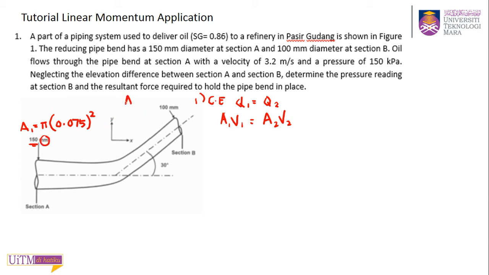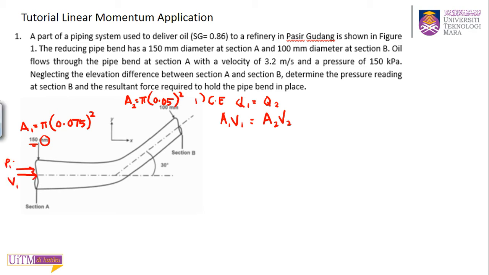And A2 equals pi times 0.05 squared, so 100 mm divided by 2, 50 mm divided by 1000. So this is your A2, and you have your V1 coming in.